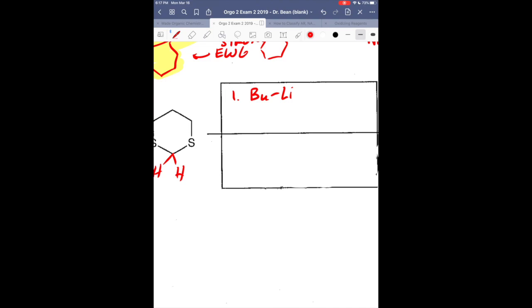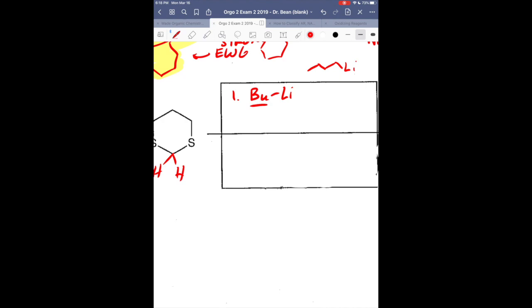So this is an organolithium reagent where you have a butyl group attached to a lithium. That's what the Bu is. 1, 2, 3, 4. So it's a bully, and this is an incredibly strong base.